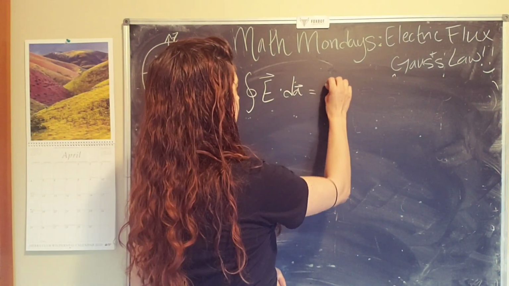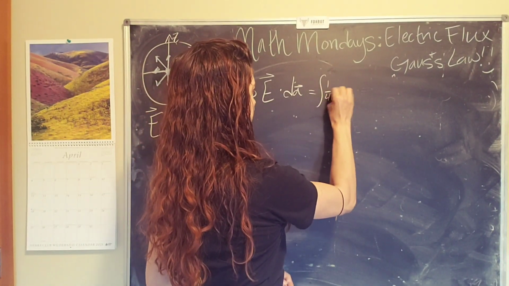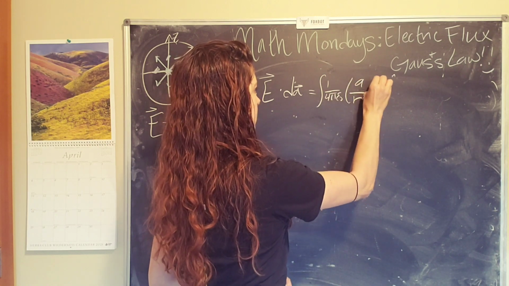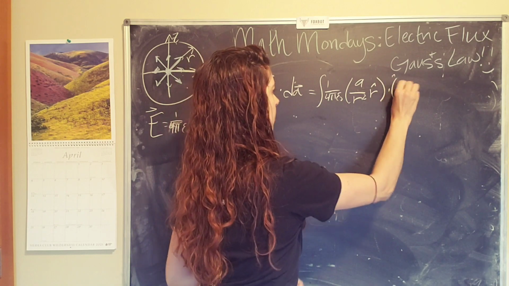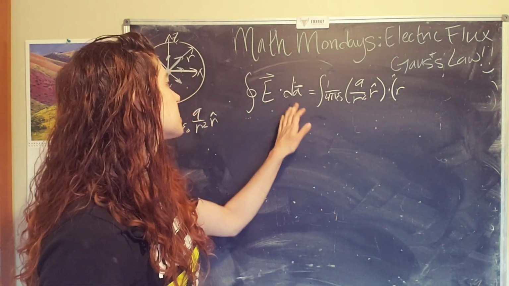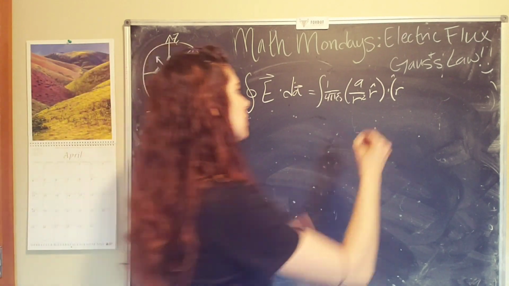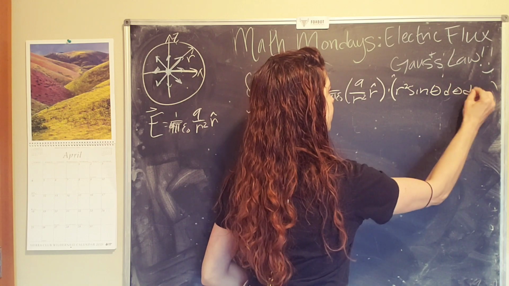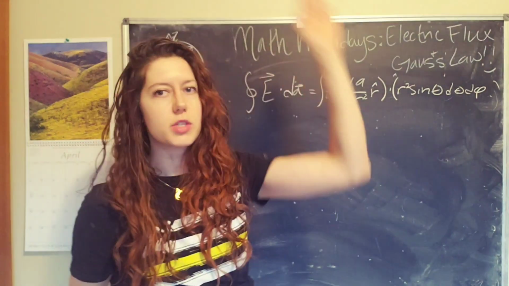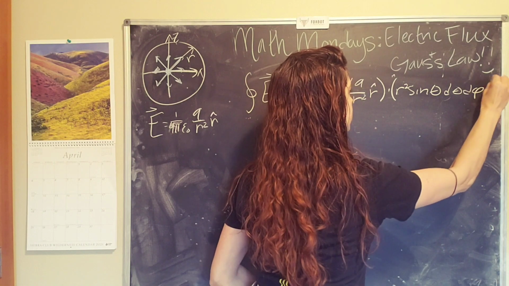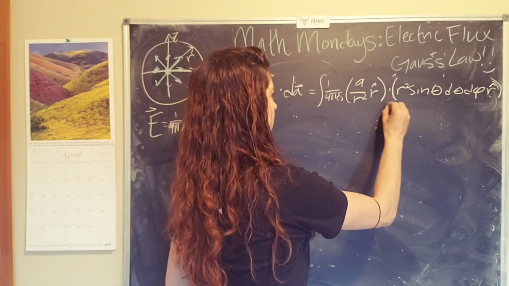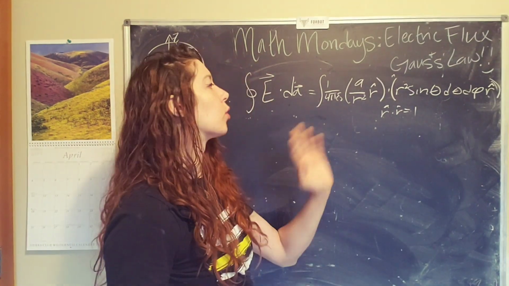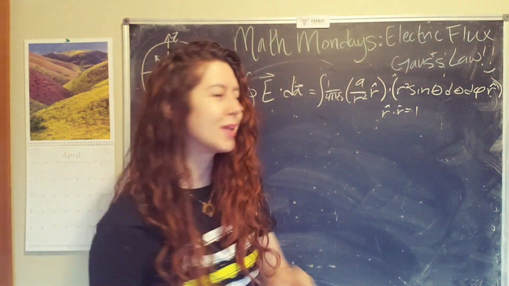So we have the integral of 1 over 4 pi epsilon naught, q over r squared, r hat dot dA in spherical coordinates for a constant radius r. It's going to give me r squared sine theta d theta d phi, and we're sweeping over the r direction. So r hat dot r hat equals 1. If it was any other component or unit vector, we would get a 0 because they're perpendicular.